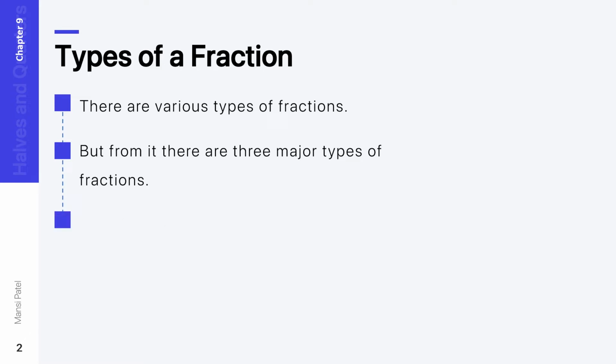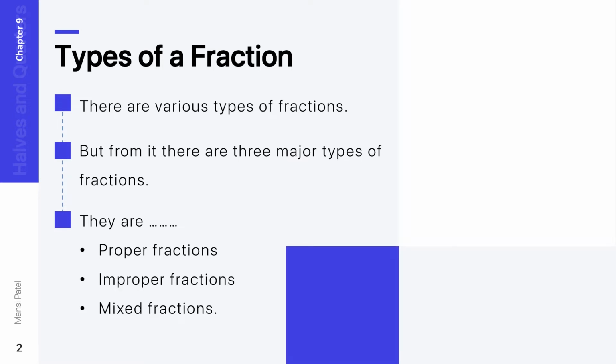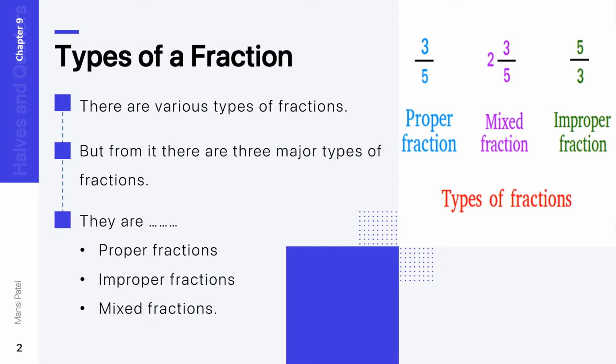And what are they? They are the proper fraction, improper fraction, and mixed fraction. There are many different types of fraction, but the main types are only three: the proper fraction, improper fraction, and mixed fraction.